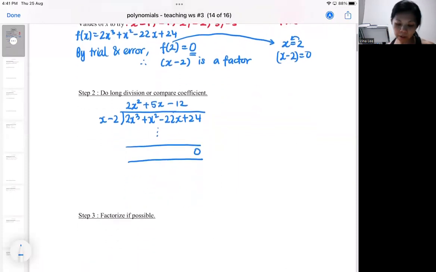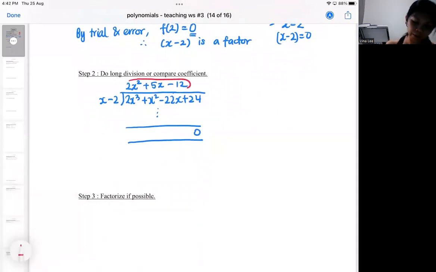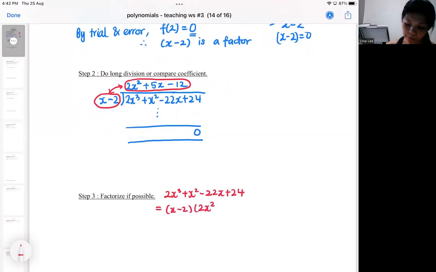Still remember, the first time you learned long division, we realized that there's a relationship. The polynomial is actually a product of the divisor and the quotient.